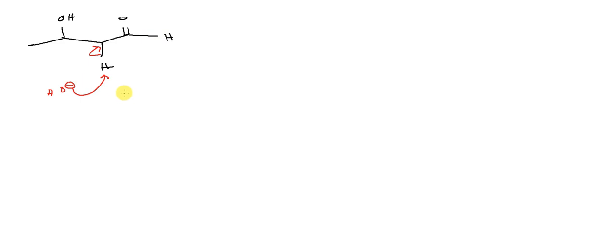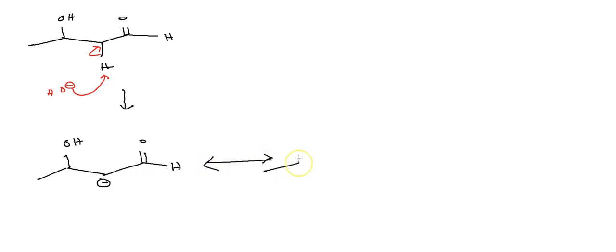And that will lead to another enolate anion like this. Here will be a negative charge and then double bond OH. And this can be in the resonating form of enolate like this.